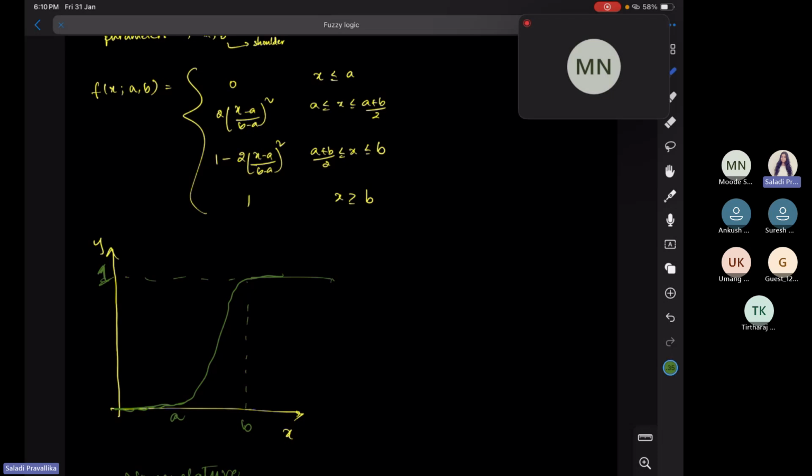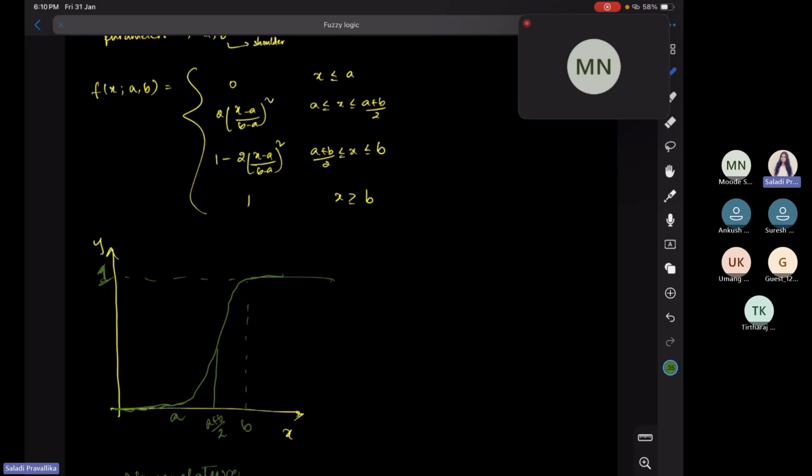And anywhere in between, if you take (a plus b) by 2, the mean value of a and b, when x lies between a and the mean of a and b, then you are going to get a membership value of 2 into ((x minus a) by (b minus a)) whole square.